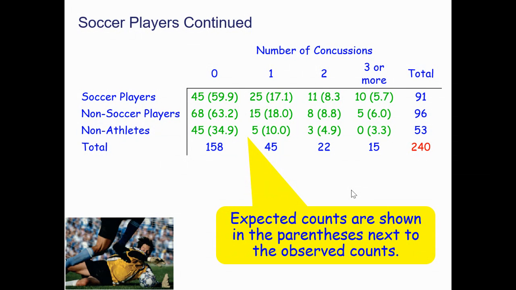So on the next table, on the top of page 9, let's write in the expected counts, which are the ones in parentheses here. And just to recap, to get this 59.9, we would have to do 158 times 91 divided by 240.